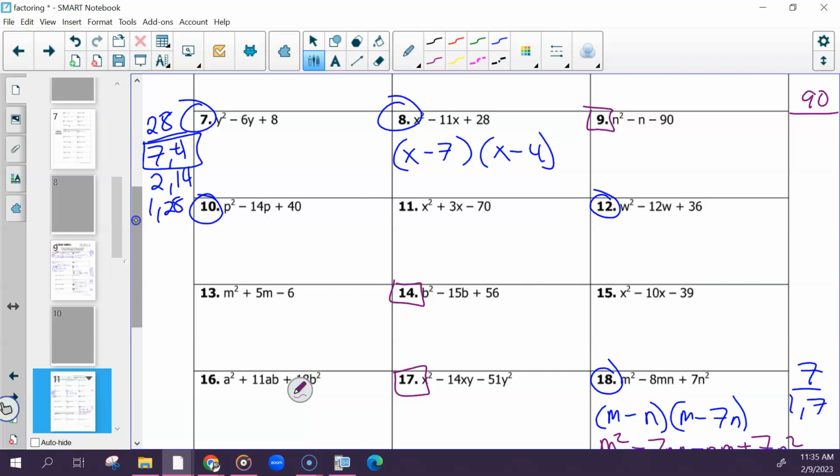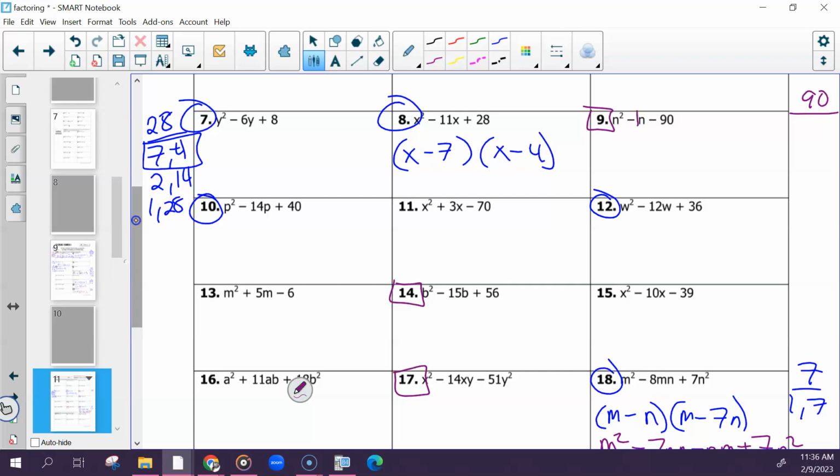Say that one more time. I said 10 and 9 would work for this. One of them has to be negative because this is negative. Which one would be negative? 10.